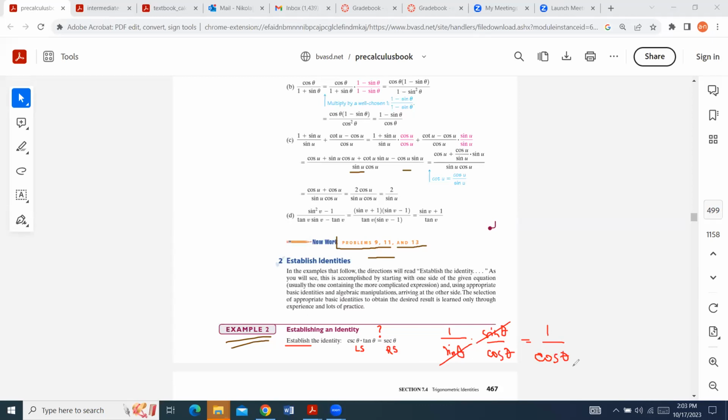So the idea is we don't solve anything for theta because we actually have an identity. In other words, if x is equal to x, then any number that you can place instead of x on the left side will also be equal to itself on the right side. So there are infinitely many solutions.